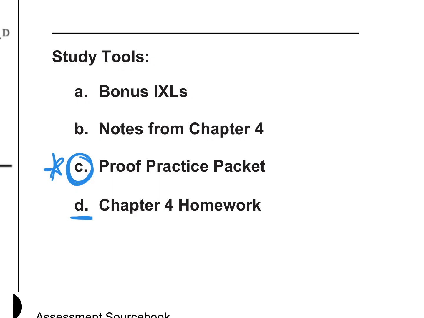What else is a very good resource? The review that we just did. So I would make your review your safety blanket for tonight, along with your bonus IXLs. Those are all good ideas to go off of. Yes?